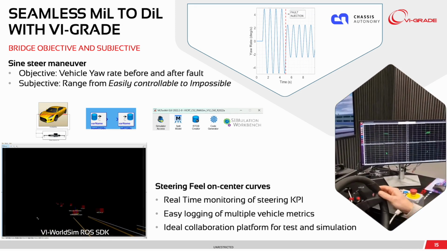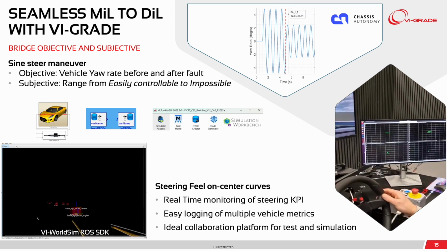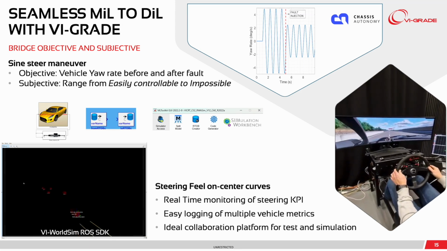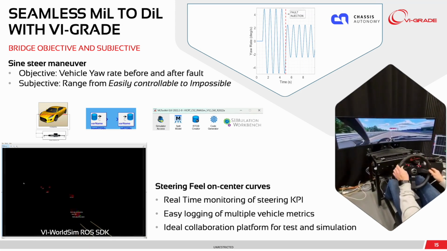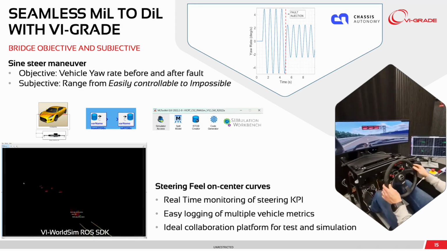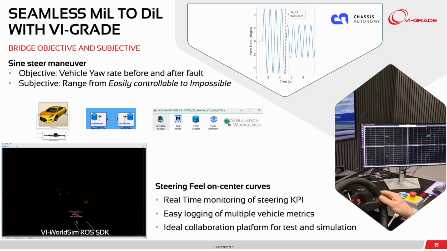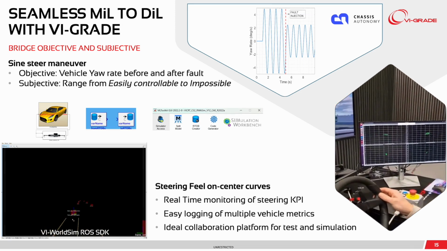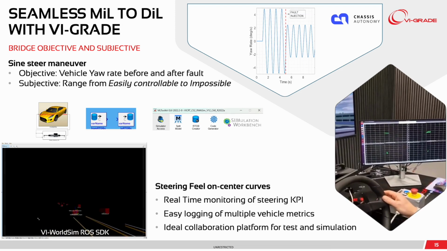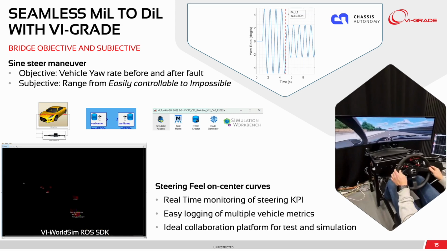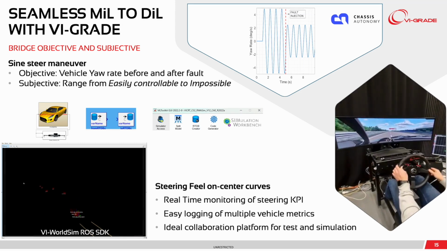As you can see, my colleague is pushing the car, giving it some steering inputs, and you can see a green plot dynamically moving around. Again, apologies, it's not clearly visible, but what I'm plotting there is steering feel on center curves. Those who are familiar with vehicle dynamics in the audience know it's the steering wheel torque versus angle, torque versus lateral acceleration plots. And I've also plotted some rack forces there.